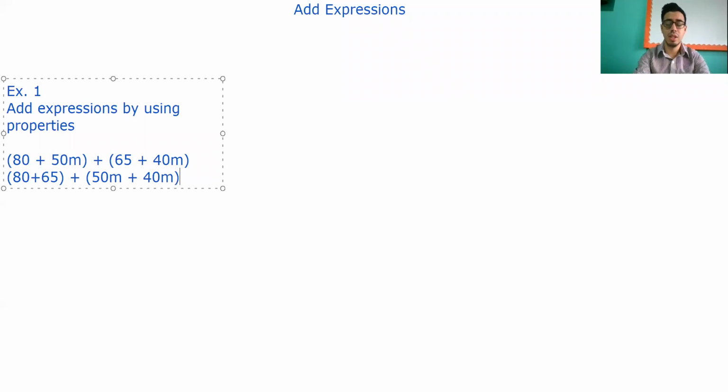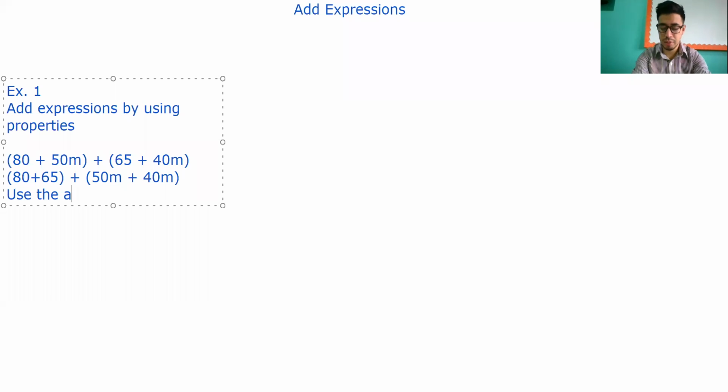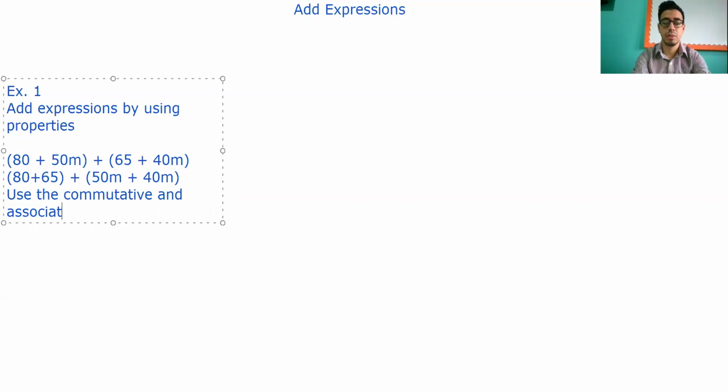And what property is this? The associative property. We use the commutative and associative property.